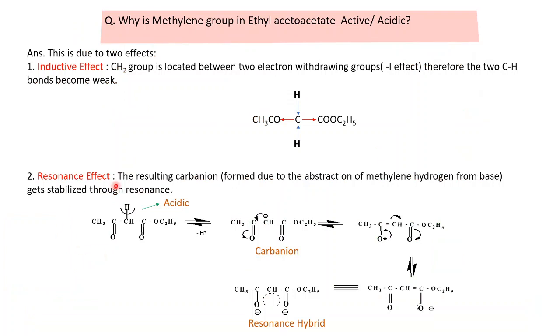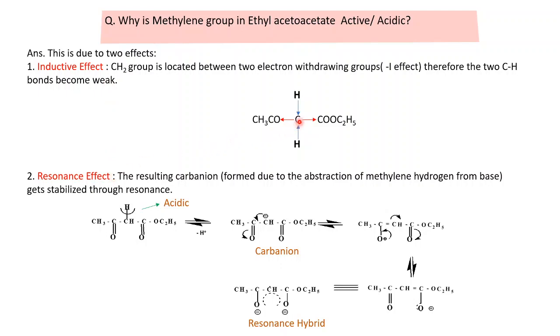Now the question, which is a very favorite question of examiners, they usually ask: why is the methylene group in ethyl acetoacetate active or acidic? So how is the answer to this question to be written? This is due to two effects. First is inductive effect and second is resonance effect.